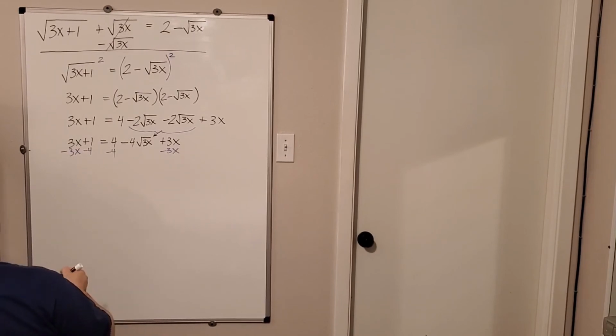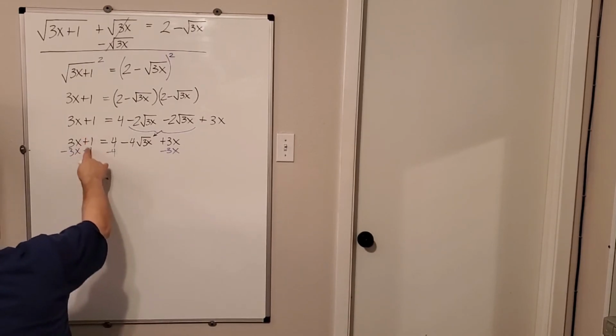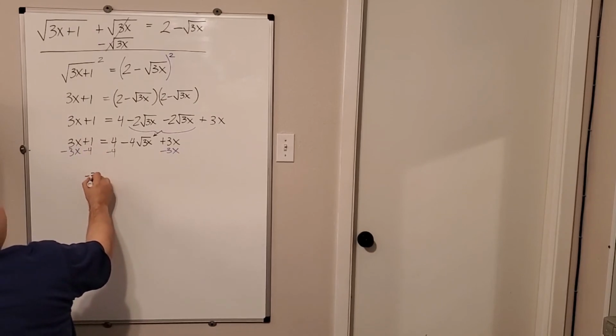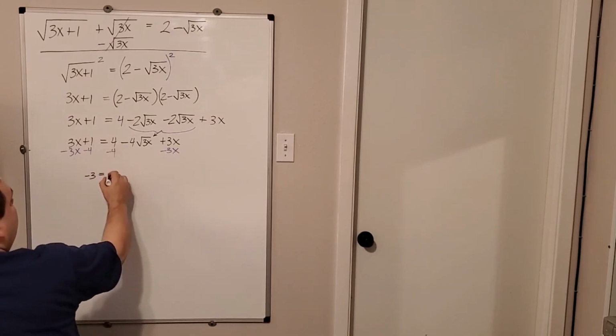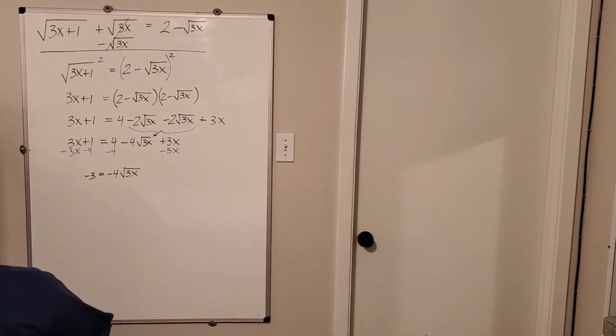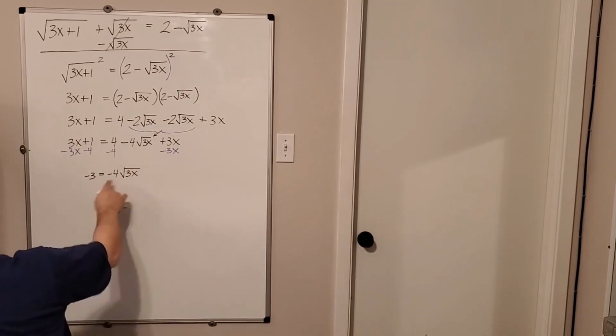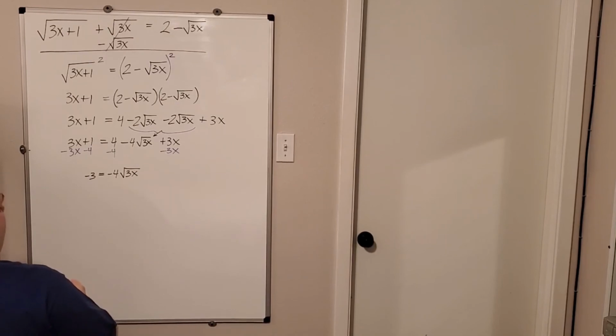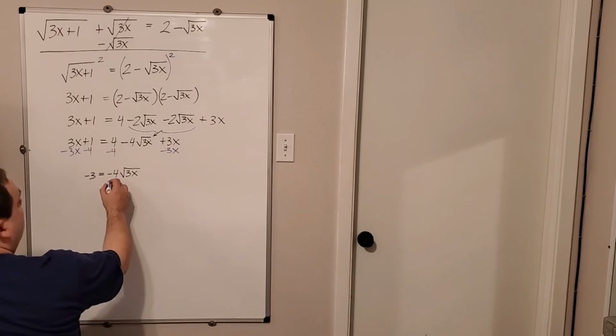All right. So then in the next step, I've got 1 minus 4 is negative 3. And it's equal to negative 4 square root of 3x. And I want the radical by itself, right? Okay. So let's do that. I'm going to divide both sides by negative 4.